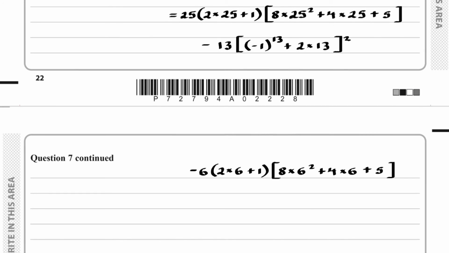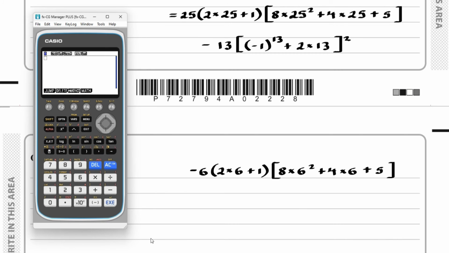So working this out, we've got 25 multiplied by 2 times by 25 plus 1 multiplied by 8 times 25 squared plus 4 times 25 plus 5.